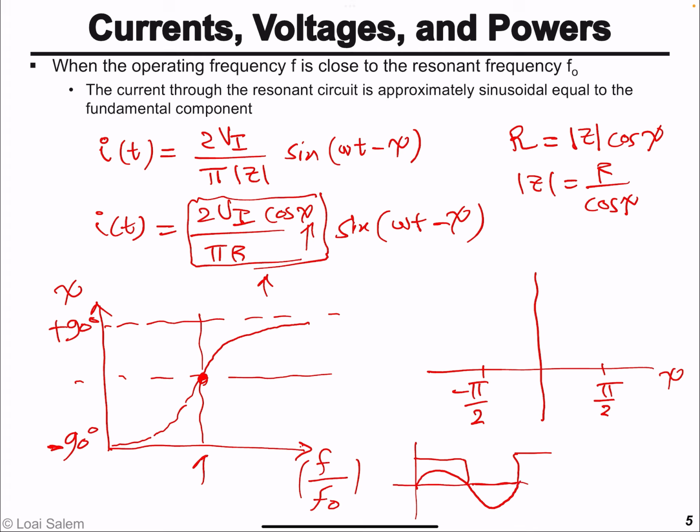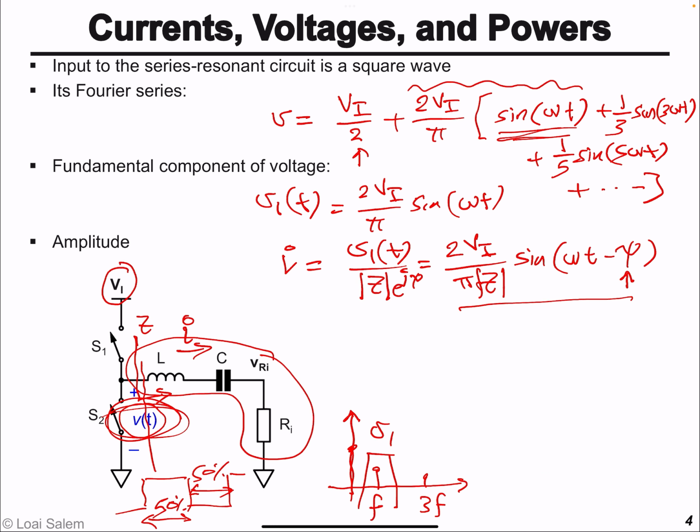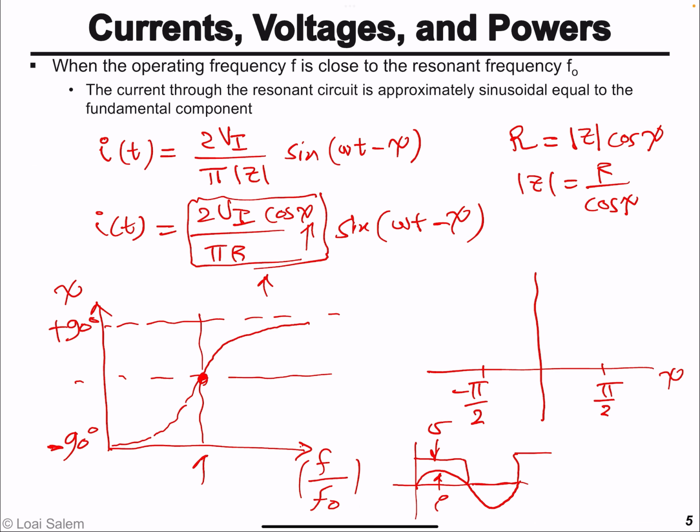So this is the current, and this is the output voltage of the half bridge, the voltage here. And so cosine psi is going to be 1, and the amplitude of the current is going to have its peak value given by 2Vi divided by pi times R.